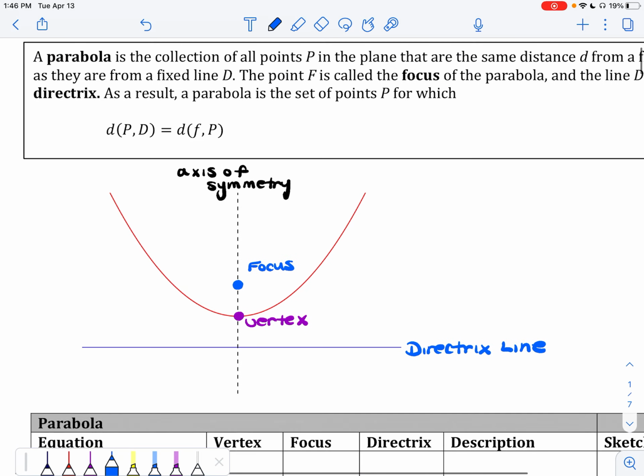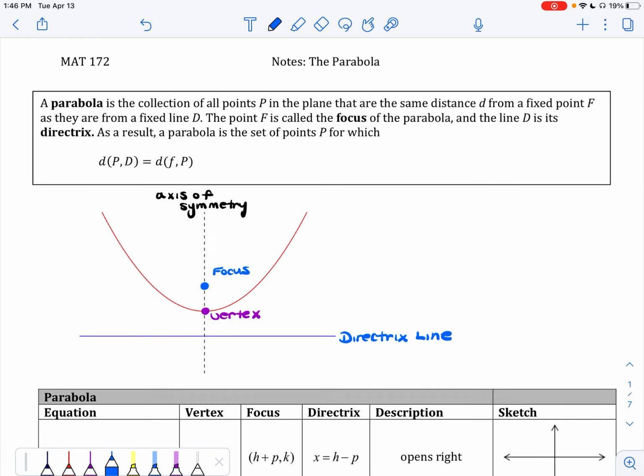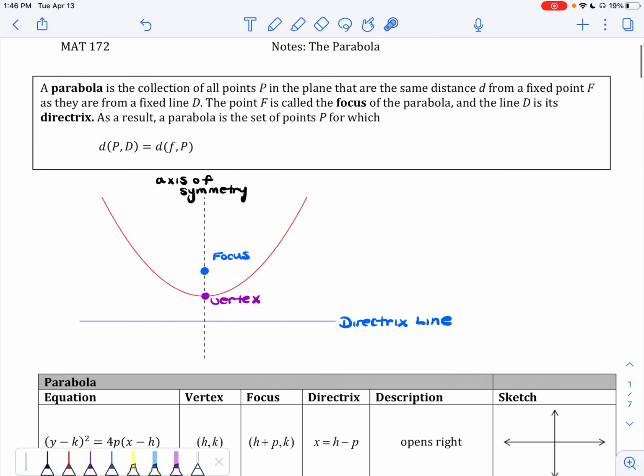Okay, now these are relevant to the geometric definition of a parabola. So if you read through this, it says a parabola is a collection of points in the plane that are the same distance from a fixed point F, so that's our focus, as they are from a fixed line D, so that's our directrix line.